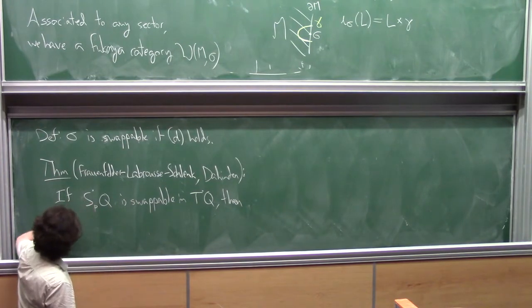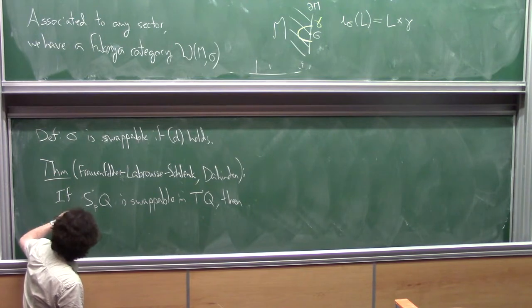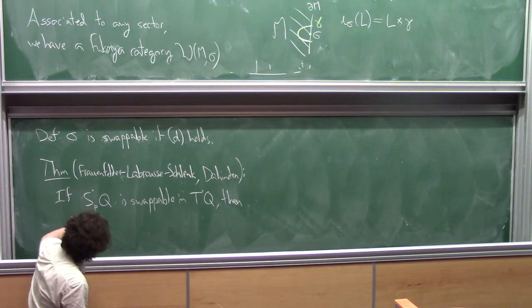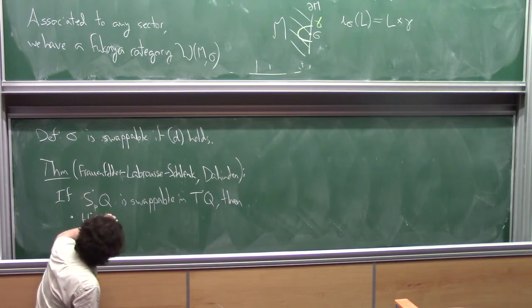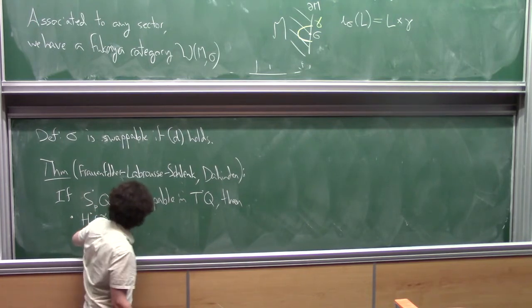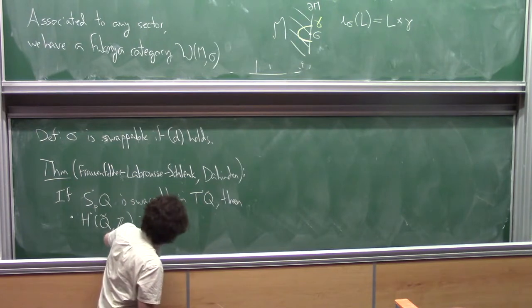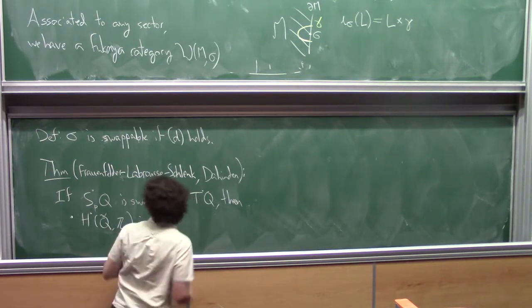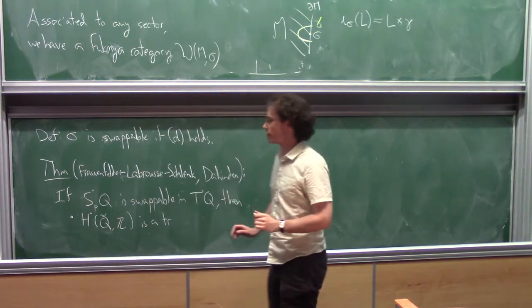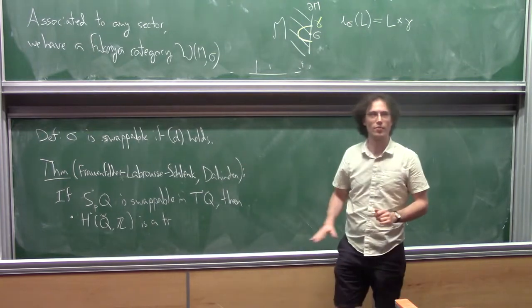First, H star of the universal cover of Q with C coefficients is a truncated polynomial ring. So P is a point in a smooth manifold.